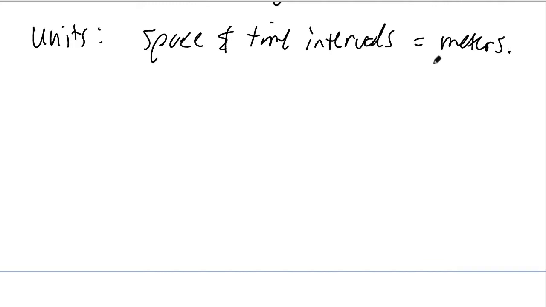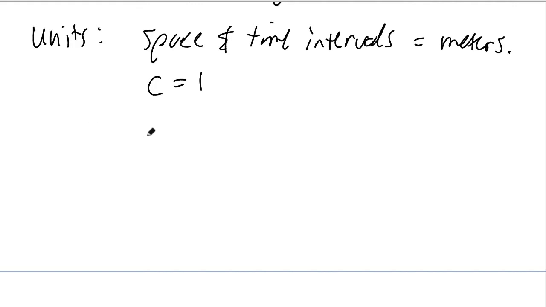Okay, and what that means is, well, we know what a meter of spatial distance means. A meter of time means it's the amount of time that it takes light to travel 1 meter. So in these units, where we're measuring both space and time in meters, the speed of light is just equal to 1. So 1 meter of space per 1 meter of time.